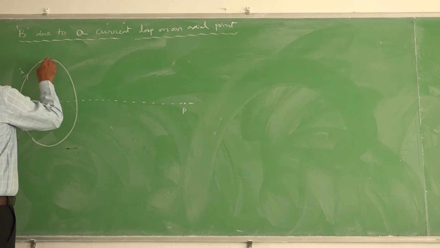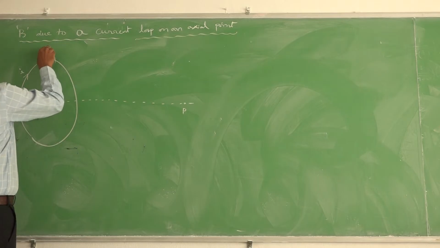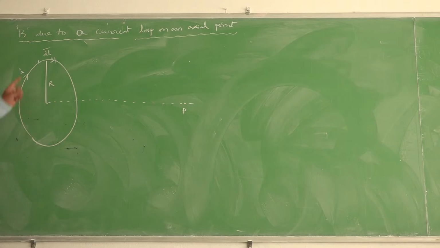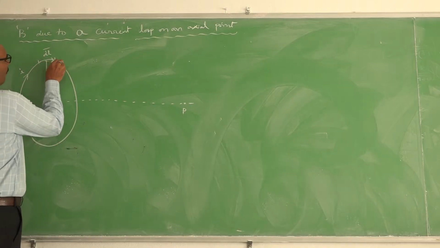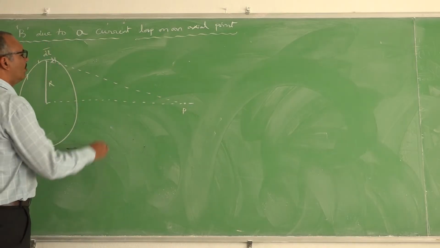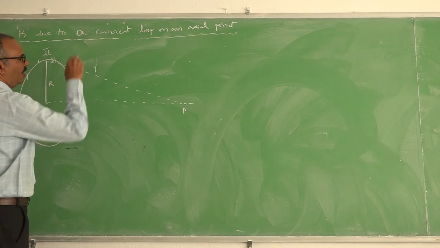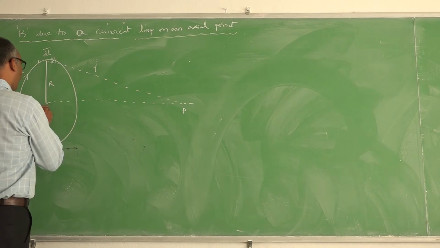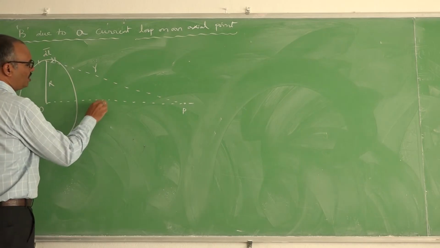Suppose there is a small element of length dl taken as a reference element. From this element the position of the point is given by the radius vector r. The distance of the point from the center of the loop is d.